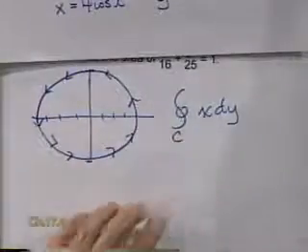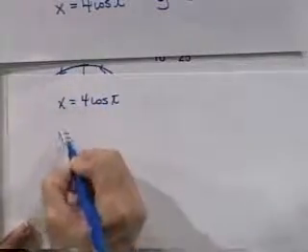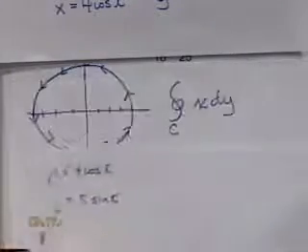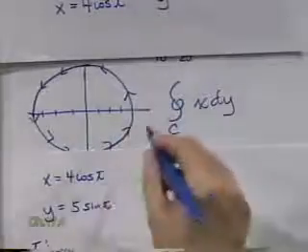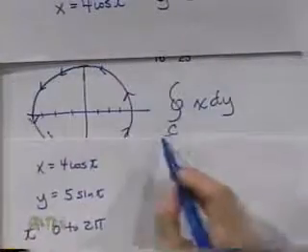Now that I have my parametric representation, we have x is 4 cosine t, y equals 5 sine t. What's t ranging from, to go all the way around that ellipse? 0 to 2 pi.